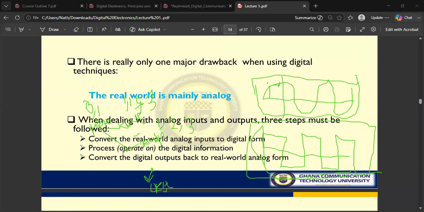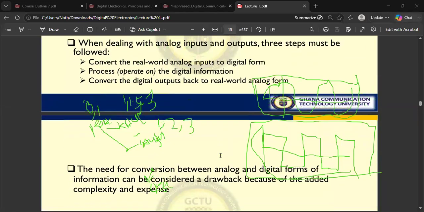We have to convert our real-world analog input to a digital form, like what I've said, and process. It goes through intensive mathematical processes to convert the digital output to the actual intensity of the real-world event we are measuring, right? So this is what I've explained already.